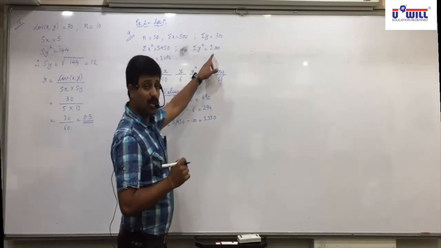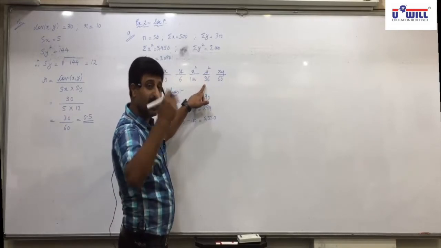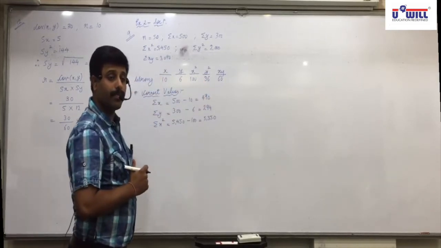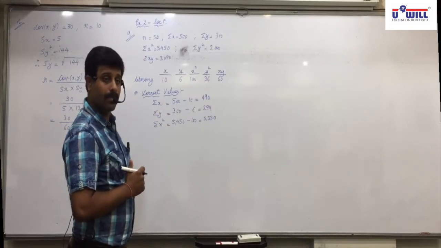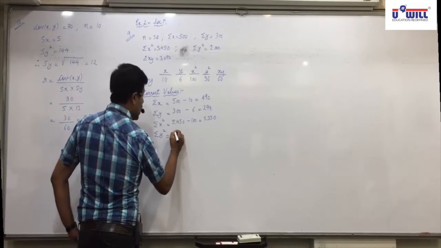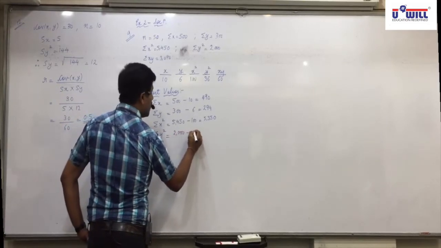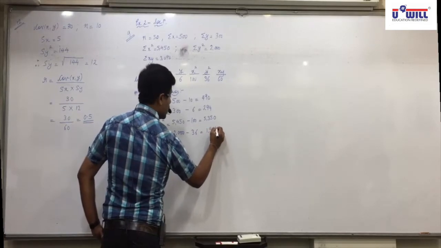Aryan, sigma y square. Sigma y square is 2000 and wrong y square 36 you will minus. So sigma y square, 2000 minus 36, 1964.